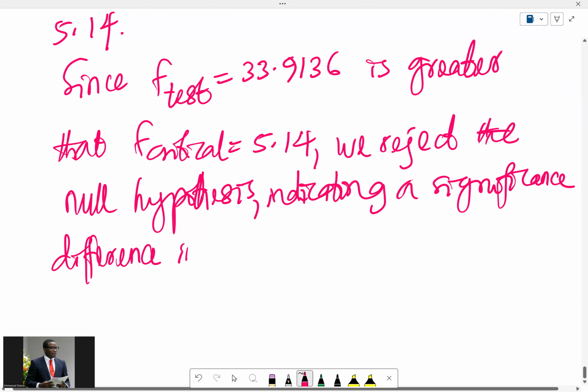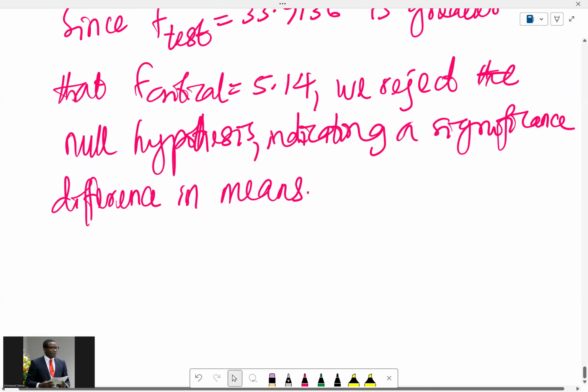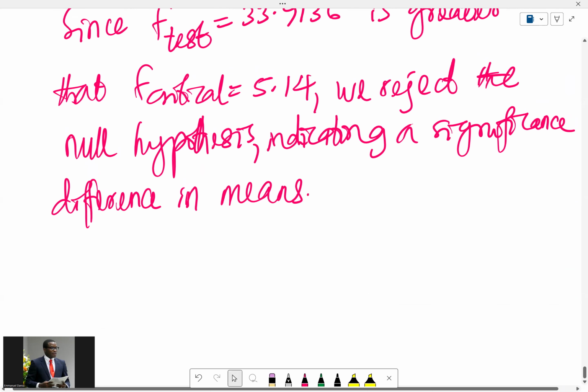That's the usual thing: once the test statistic is bigger than the critical value, we reject the null hypothesis. So that means at least one mean is significantly different from the others.